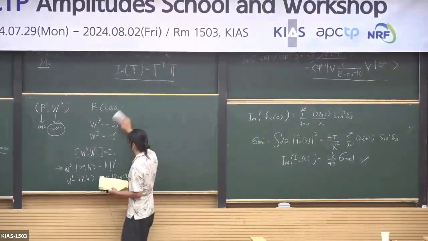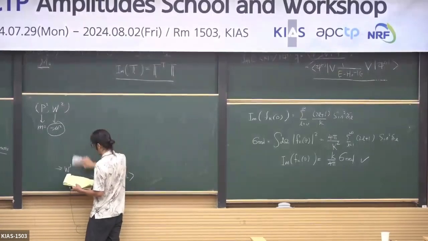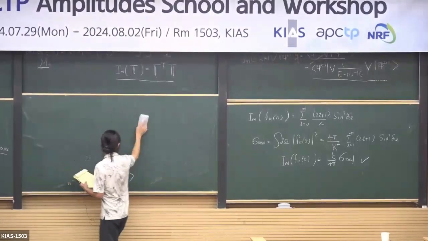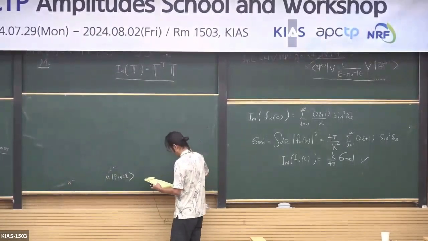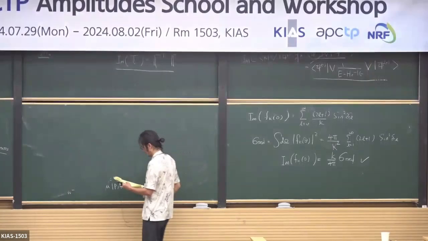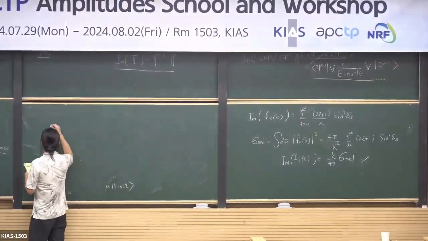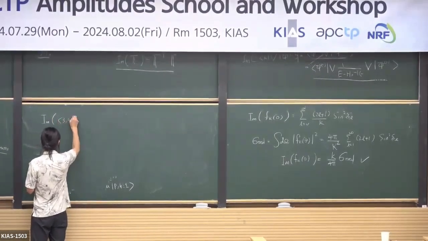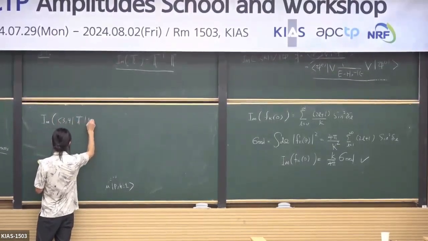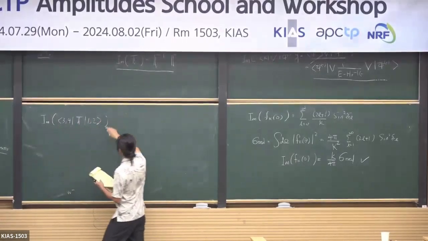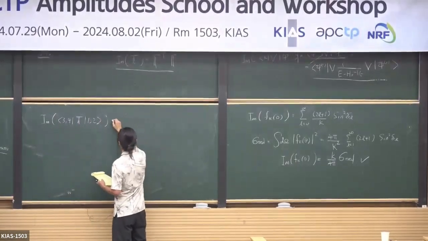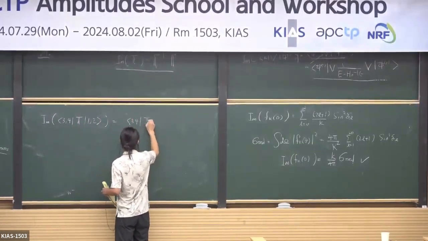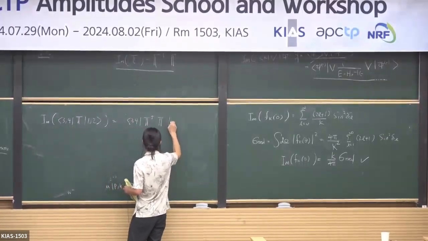So we sandwich it between 2 incoming states and 2 outgoing states: the imaginary part of <3,4|T|1,2> is equal to <3,4|T dagger T|1,2>.